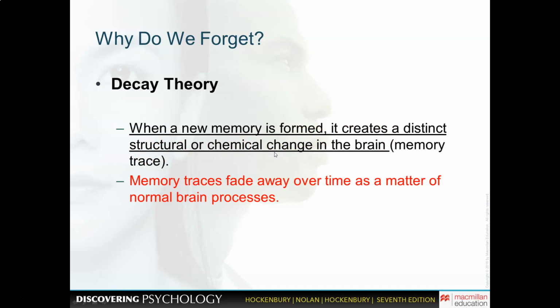Over a period of time, memory traces fade away as a matter of normal brain processes. Those structural or chemical changes tend to decay. That is another reason why we tend to forget information over a long period of time if it's not revisited, repracticed, or remembered.